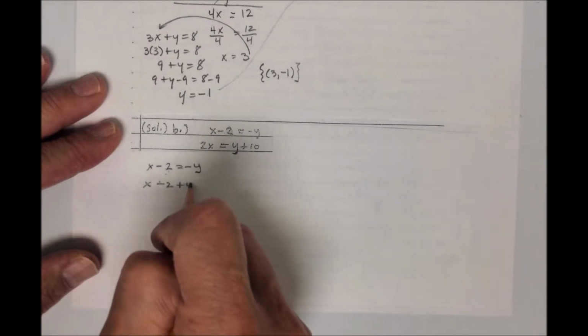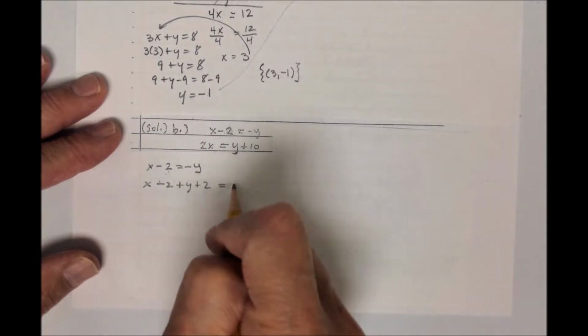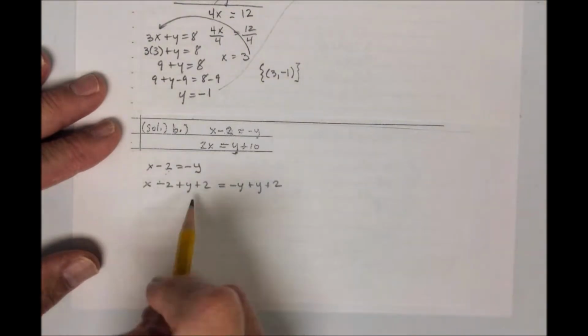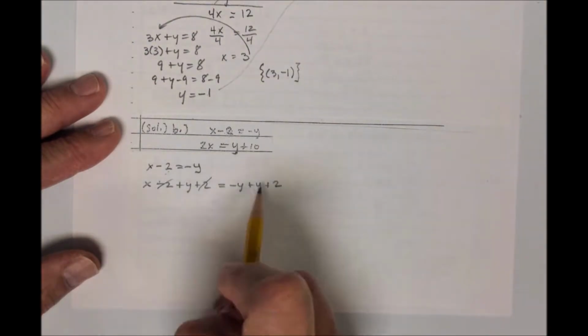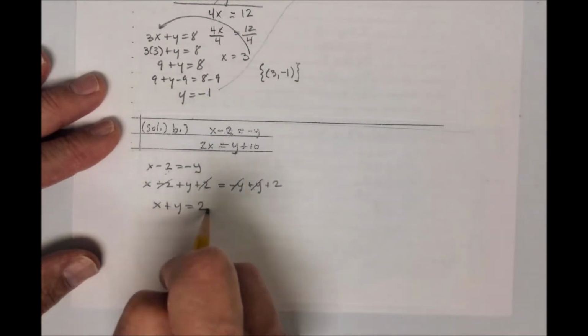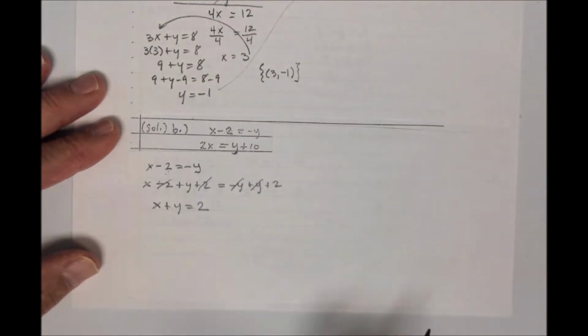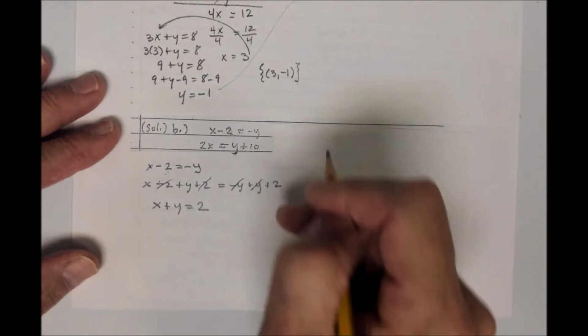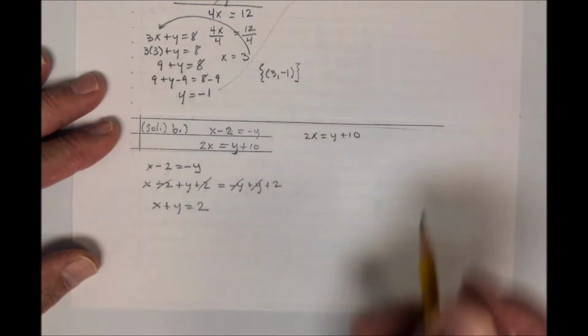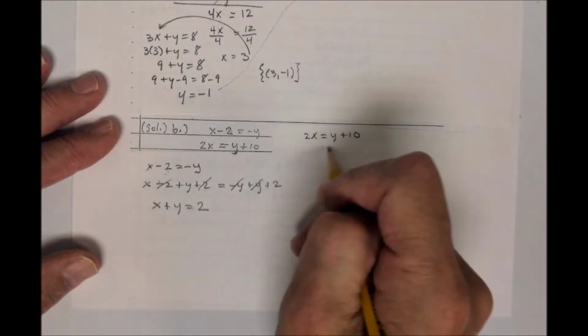I'm going to add y and I'm going to add 2 to both sides. That way these 2's will cancel and these y's will cancel. And I'll have x plus y is equal to positive 2. First guy is ready to go. Now the second equation, I have 2x is equal to y plus 10. I think all I have to do here is subtract y from both sides.